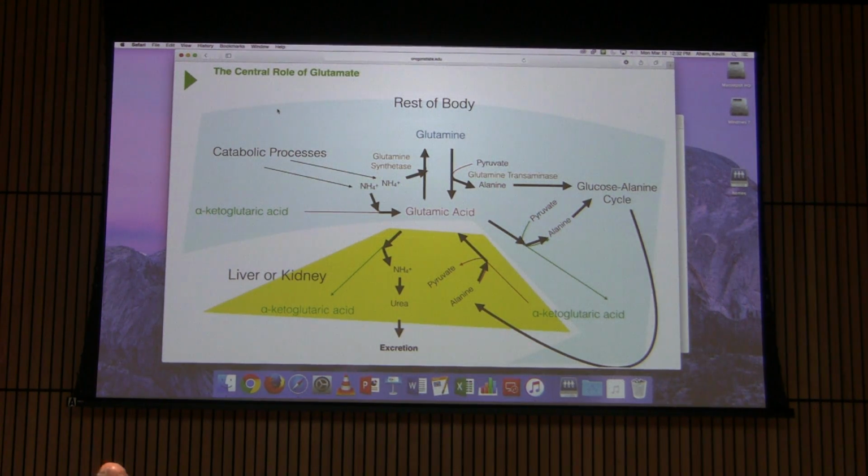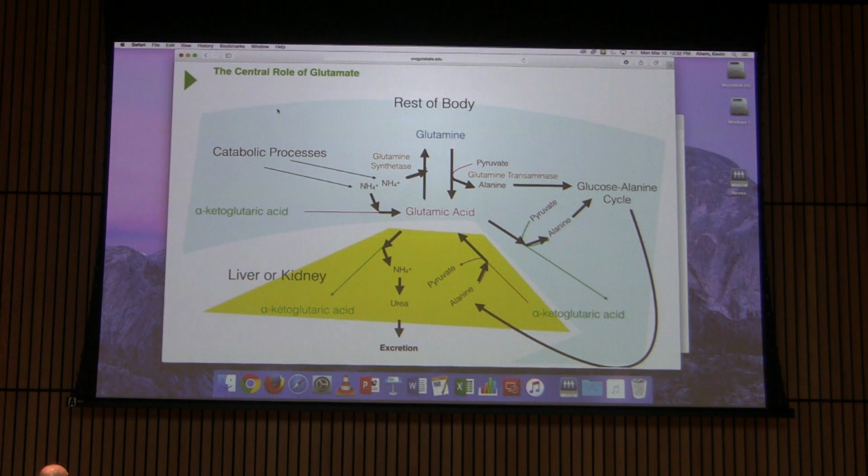We're going to see another mechanism of making urea in the urea cycle. But this is a way of mopping up ammonium ions and making urea so that we can get rid of excess balance. The role of the glucose-alanine cycle in carrying things from the tissues, the cells, back to the liver so that this process can happen.